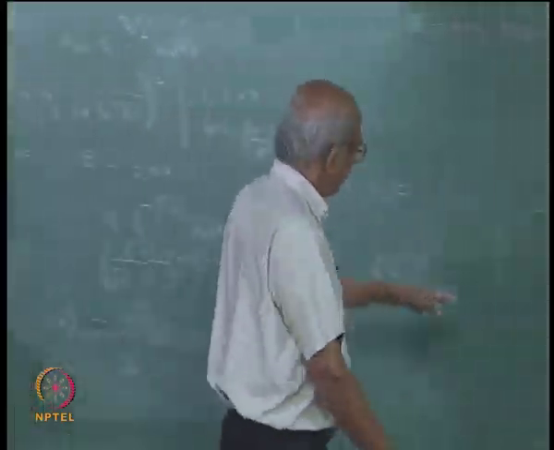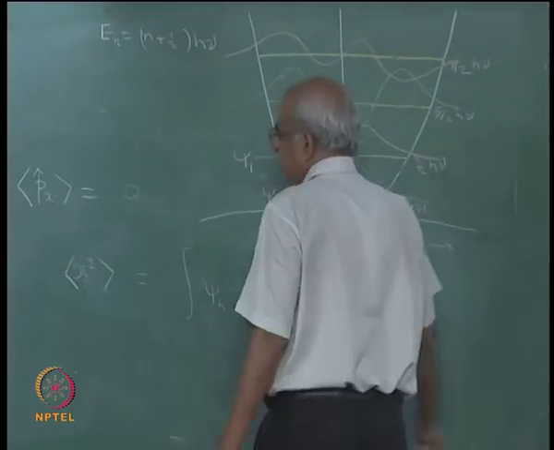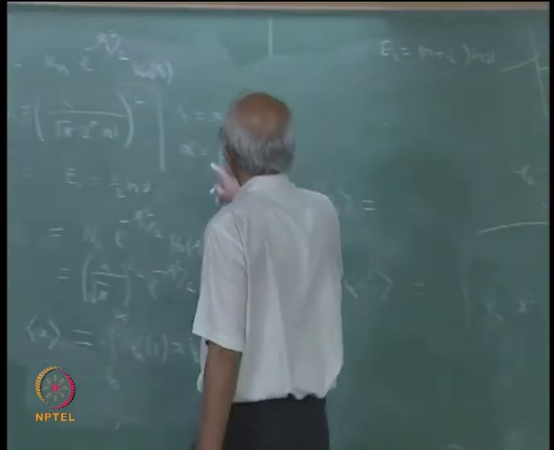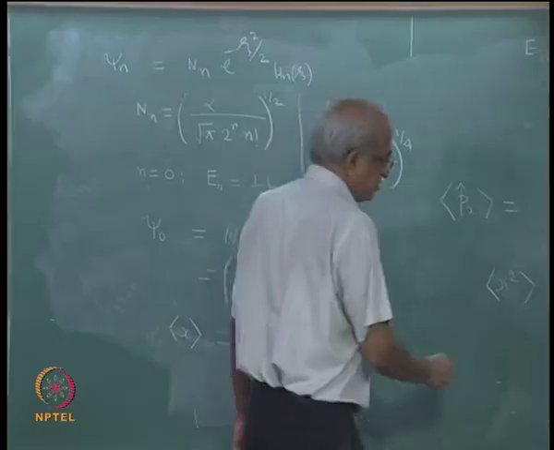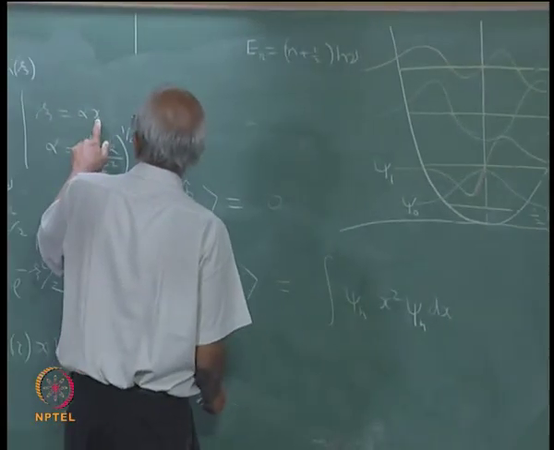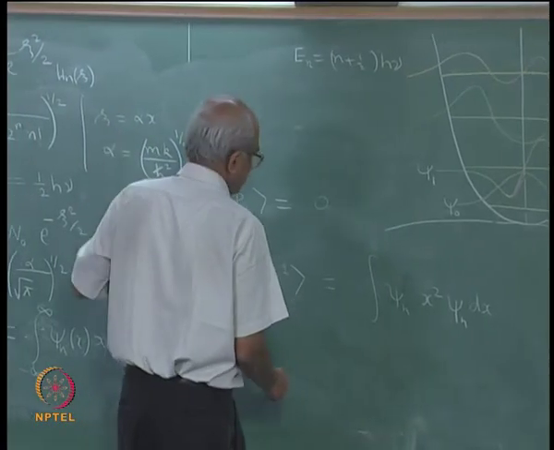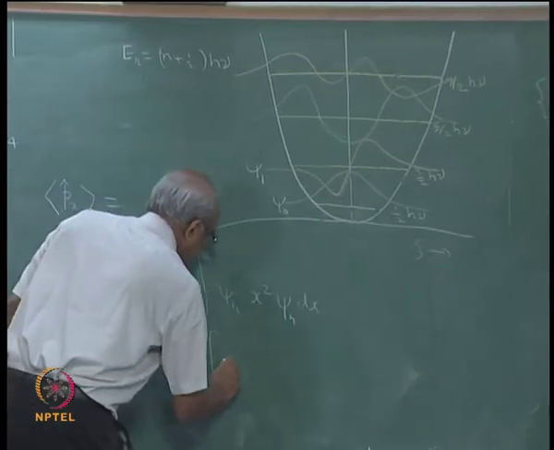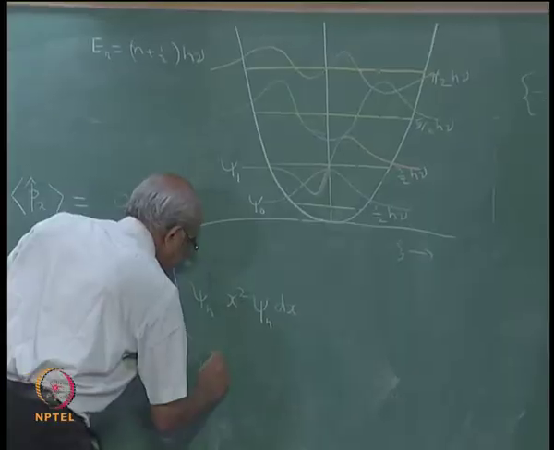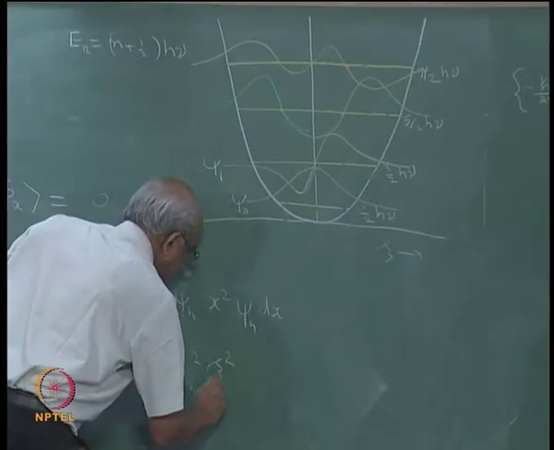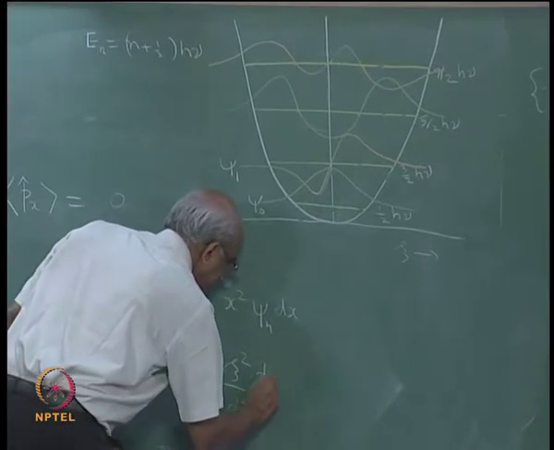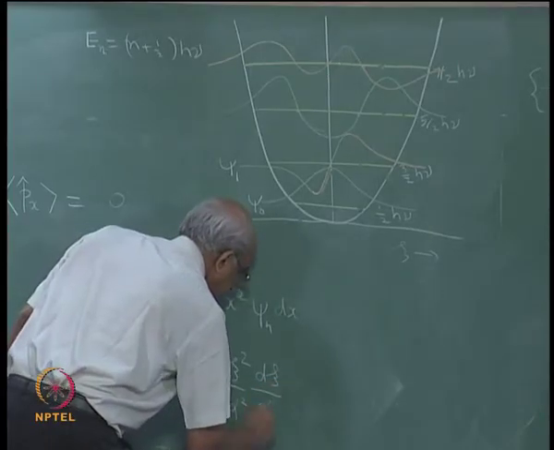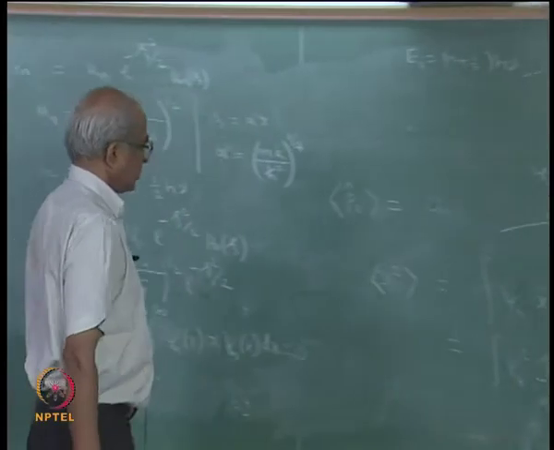And here you have things written in terms of x, you will have to change over to your c, that is better. So, how will you do that? You have x defined as c by alpha. So, what will happen is you will have integral psi n square c square by alpha square into dc divided by alpha, right.